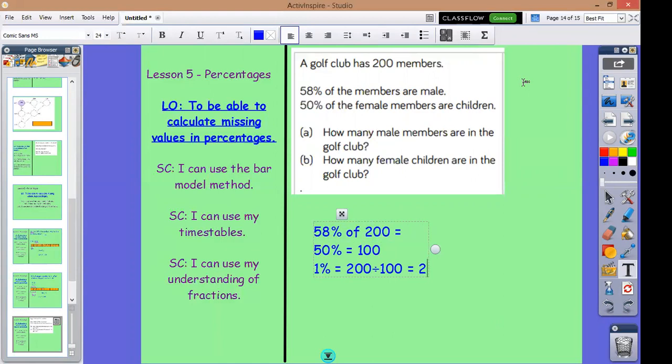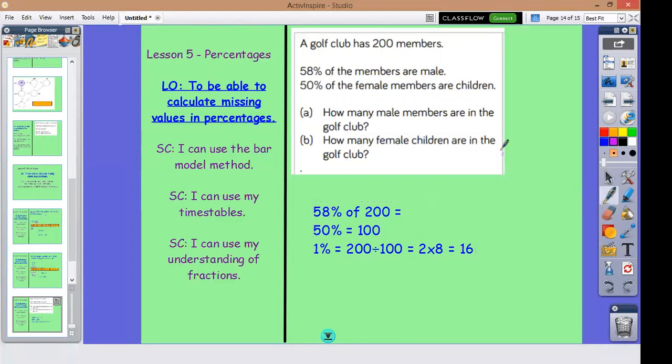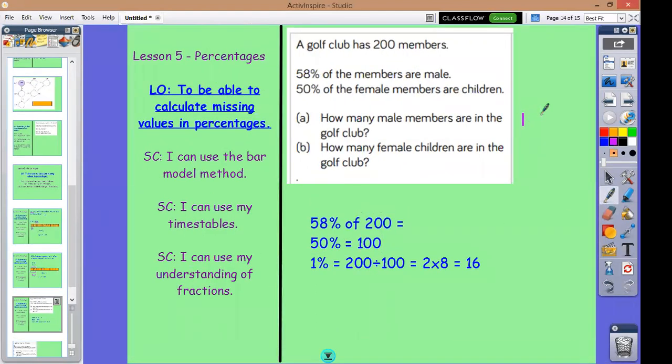And then to find my 8%, because I know 1 times 8 would equal 8%, so I'm going to do 2 times 8, which equals 16. So I know straight away that add 100 and 16 would equal this one, would equal A. So 116 of the members are male.